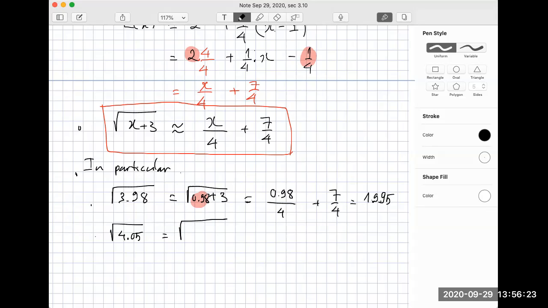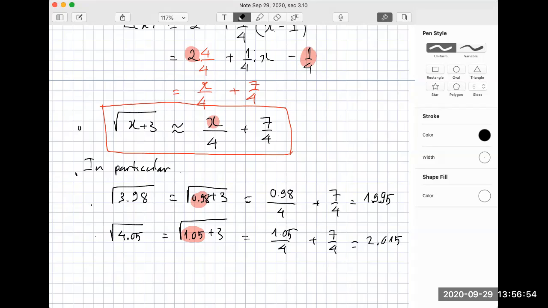What is it? 1.05. Yes. Which will be 1.05 divided by 4. Very good. And it is 2.015.